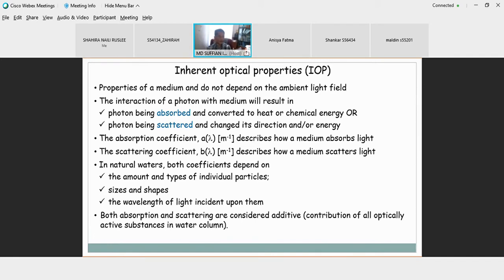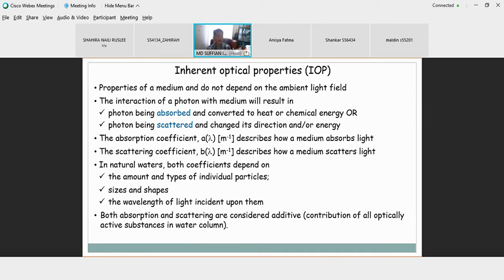Dikenali sebagai absorption coefficient, ataupun absorption coefficient of particle. The efficiency of particle to absorb light at certain wavelength. So it depends on wavelength.